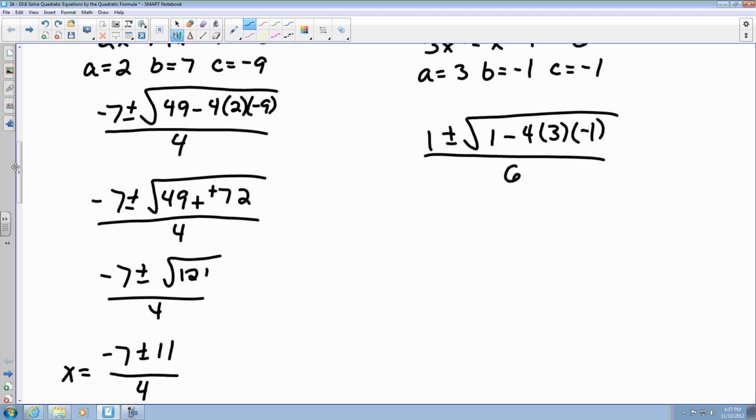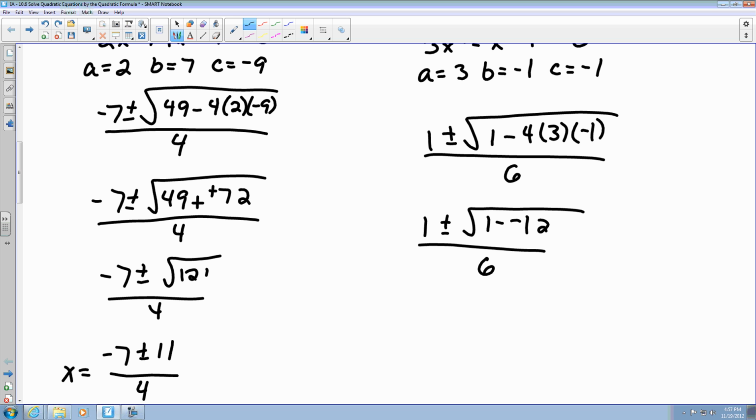Okay, so I'm going to go 1 plus or minus the square root of 1 minus, so negative 1 times 3 is a negative 3. Negative 3 times 4 gives me a negative 12, all over 6.